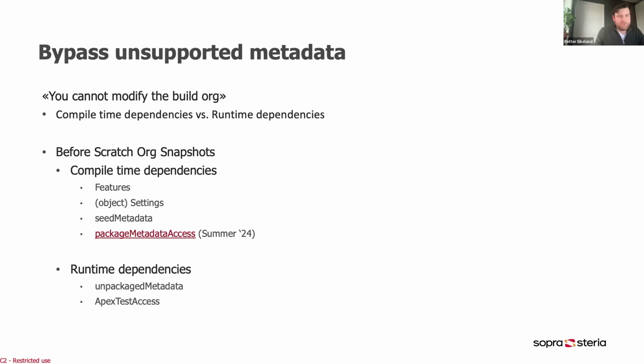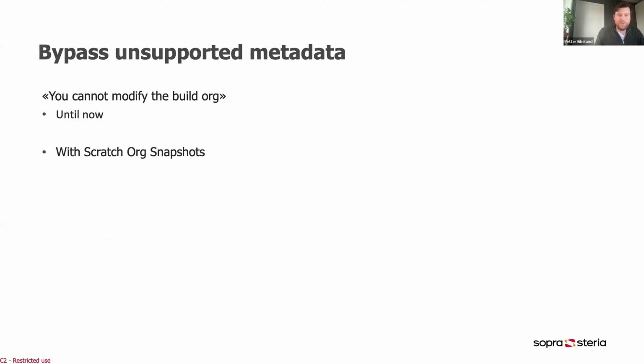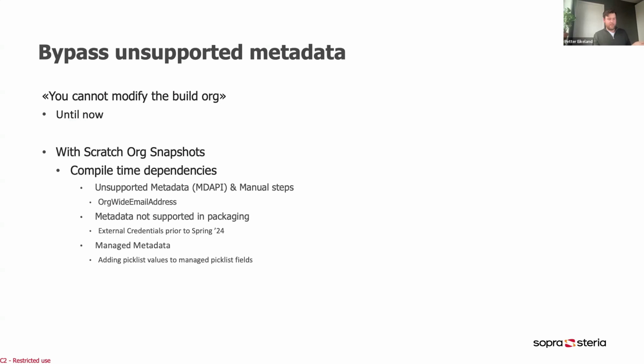But given the introduction of Scratch Org Snapshots, it's not really true anymore that you cannot modify the build org. Because with Scratch Org Snapshots, you could basically include whatever you want. For example, org-wide email addresses: if you had flows that tried to fetch these org-wide email addresses, you couldn't package them because there was no way you could have an org-wide email address in your build orgs.